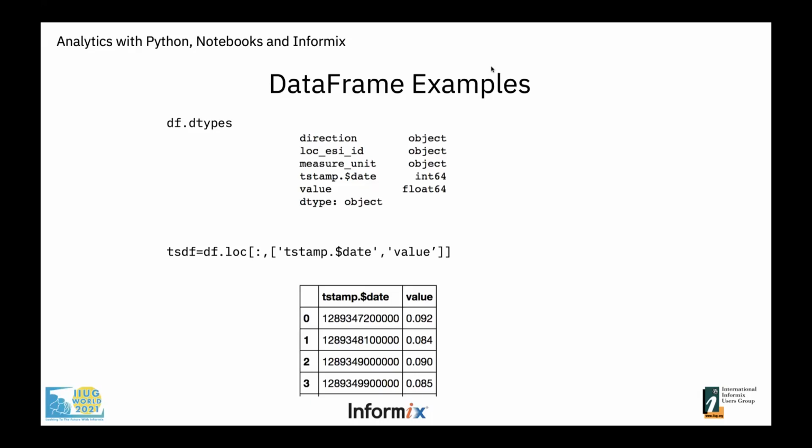And you can also do a selection of some rows, and you can do a projection on some columns. For instance, if you do a df.loc, the first parameter is restricting the rows which you get, and in that case we just specify a colon, which means we want to get all the rows, and we want to get the columns timestamp, date and value.